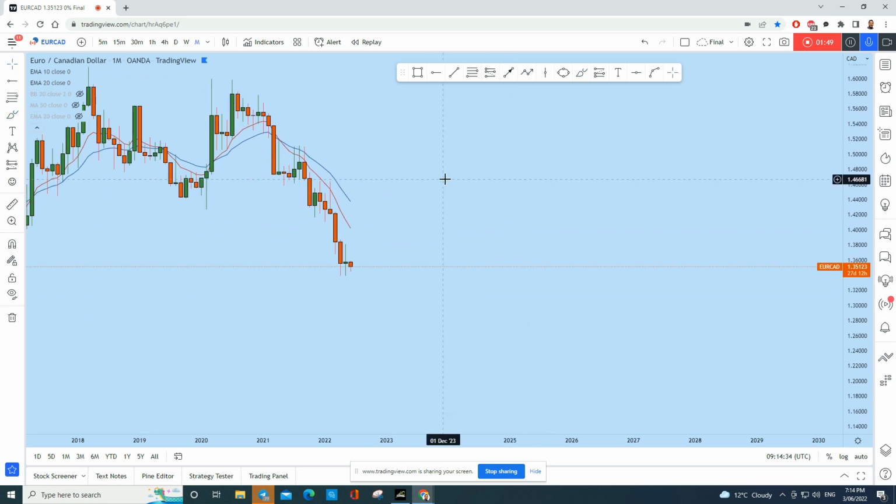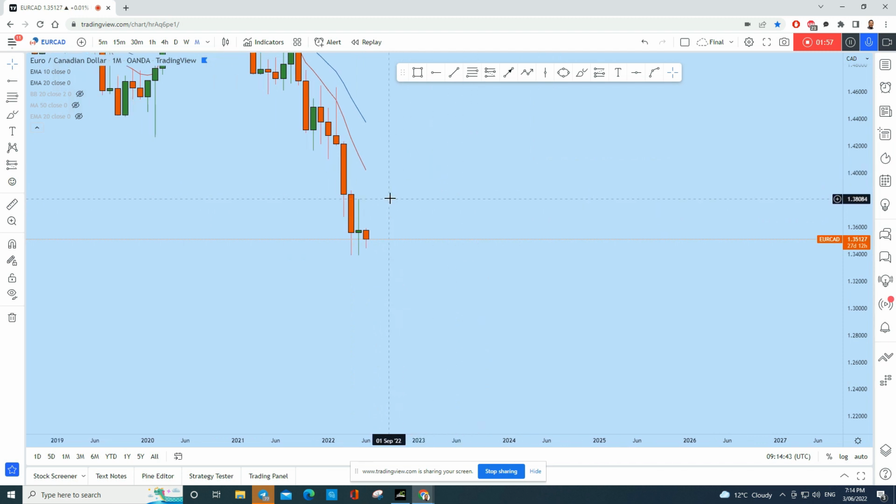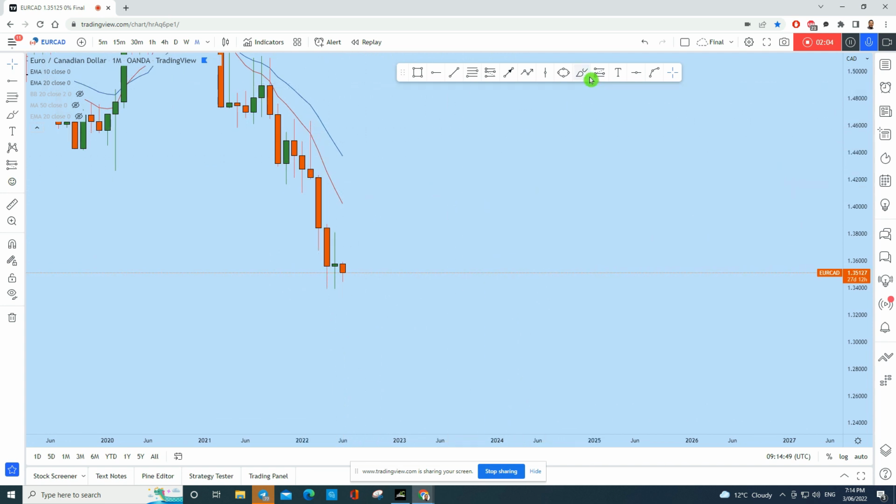Now let's narrow down to the recent time frame to see what kind of price action EURCAD has created. This is the monthly time frame, the monthly candlestick pattern. After this monthly pin bar, we saw back to back 2 months of strong drops. EURCAD dropped strongly. Last month we have seen a doji.